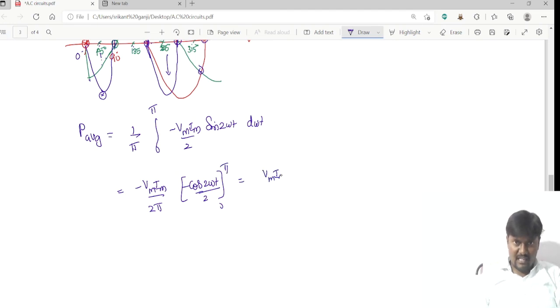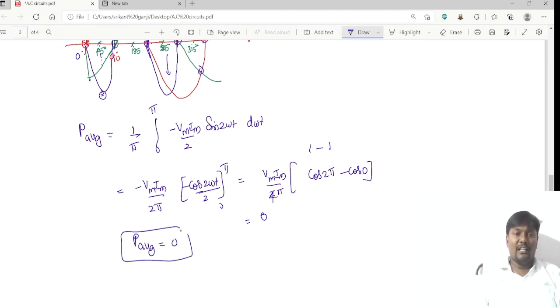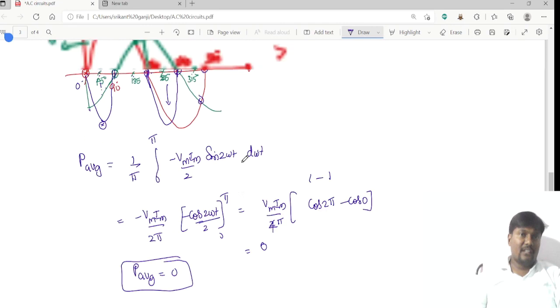So Vmax Imax by 4 pi, times cos 2 pi minus cos 0, where the upper limit is pi and the lower limit is 0. Cos 2 pi value is 1 and cos 0 is also 1, so this average power is 0. The average power through a pure inductor is 0.